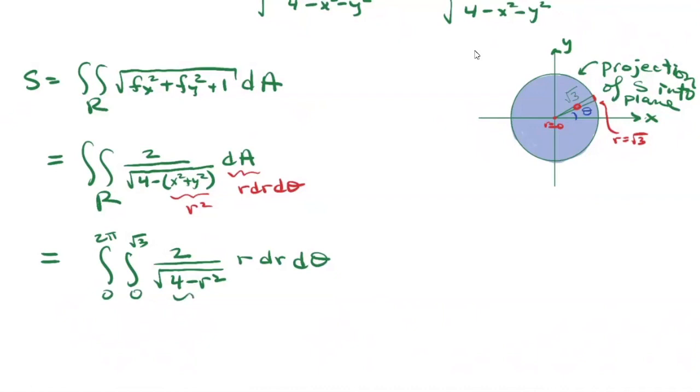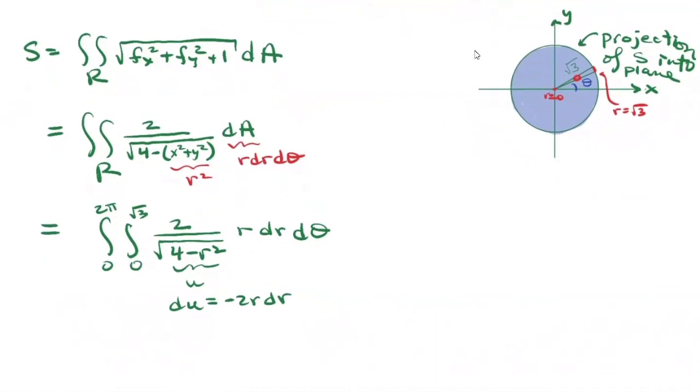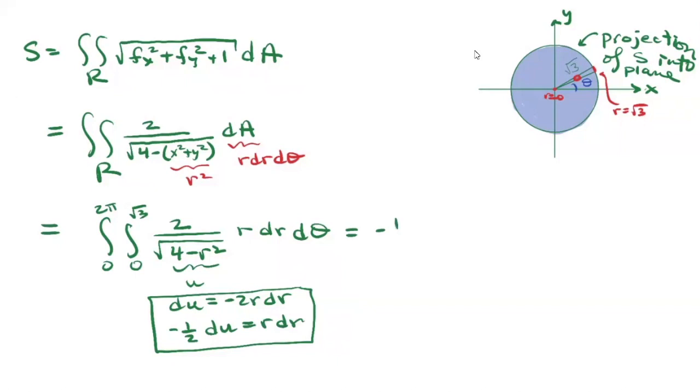Okay, your u is going to be 4 minus r squared, and du is going to be negative 2r dr. So there's an r dr. That works out nicely. Negative 1/2 du is going to be r dr. So I'm going to have a negative 1/2 out front.